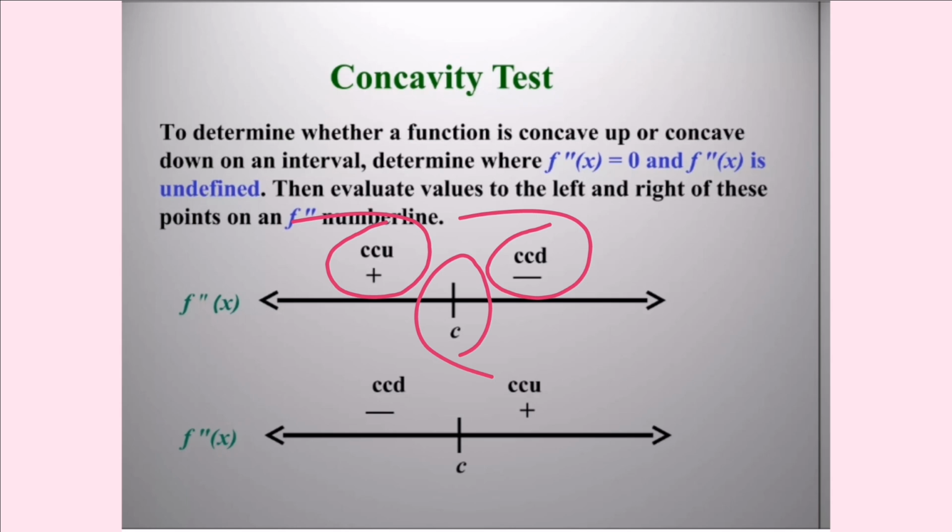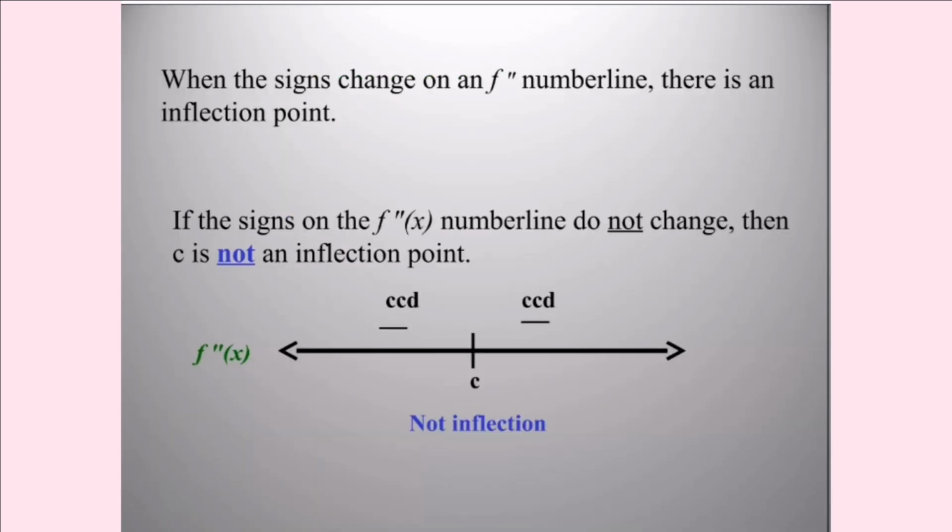Now on the second derivative line, to the left side of C the function is concave down, and to the right side the function is concave up. So concavity changes at C. This is again an inflection point. When the sign changes on the second derivative number line, there is an inflection point.